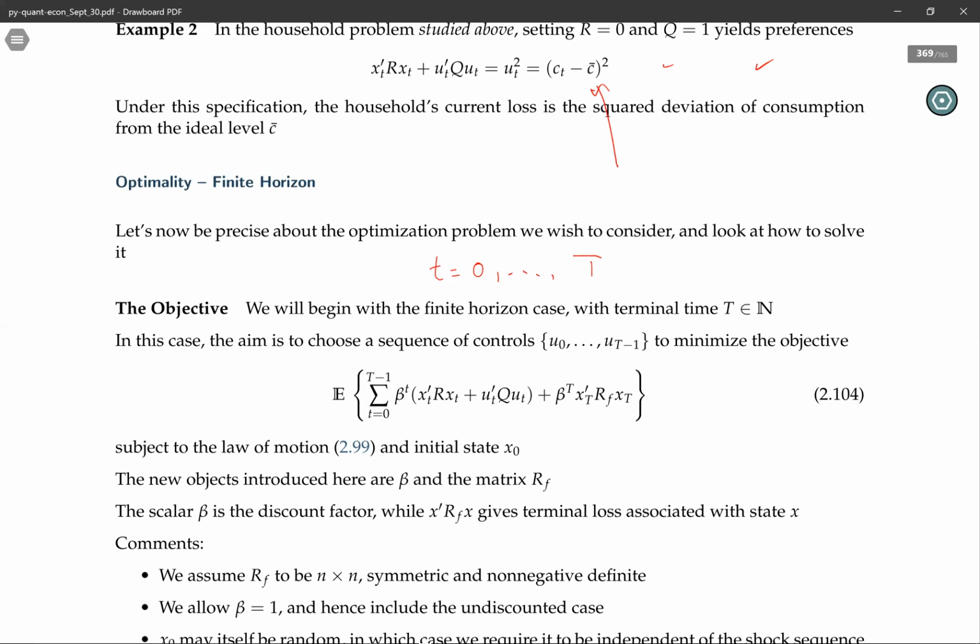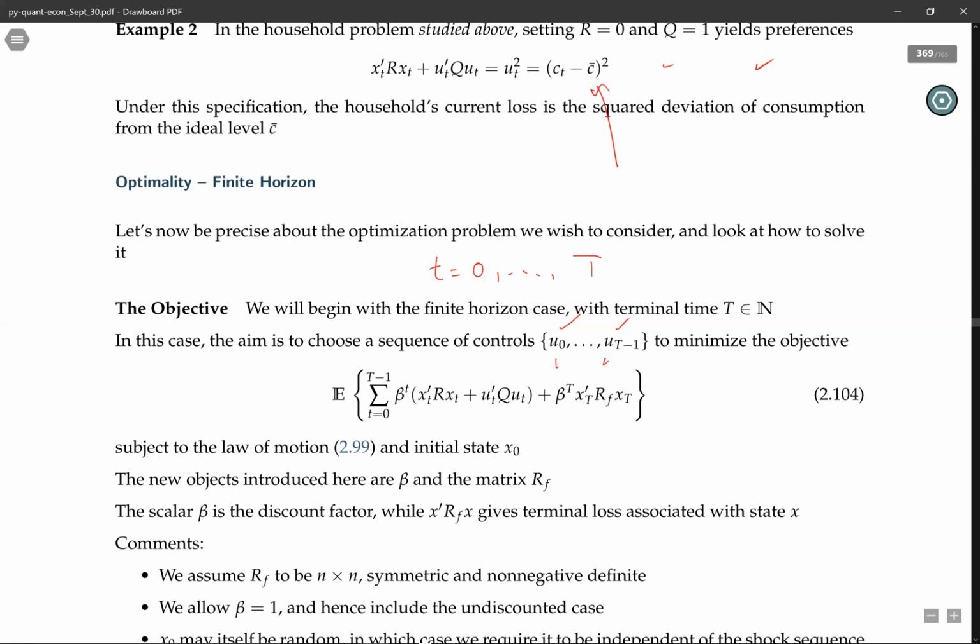So here's what the individual is going to care about. What does he want to choose? He wants to choose a sequence of these controls. The last period, he's kind of out of there. He's going to choose consumption, c minus c̄, at date 0, date 1, date 2, all the way up to the next to the last period. And what does he want to minimize?